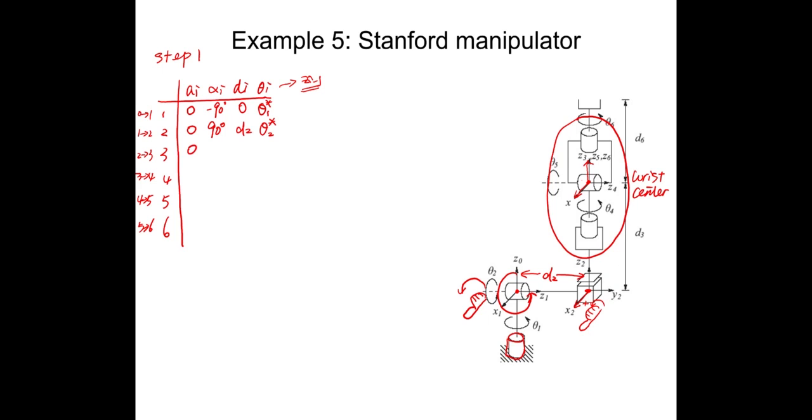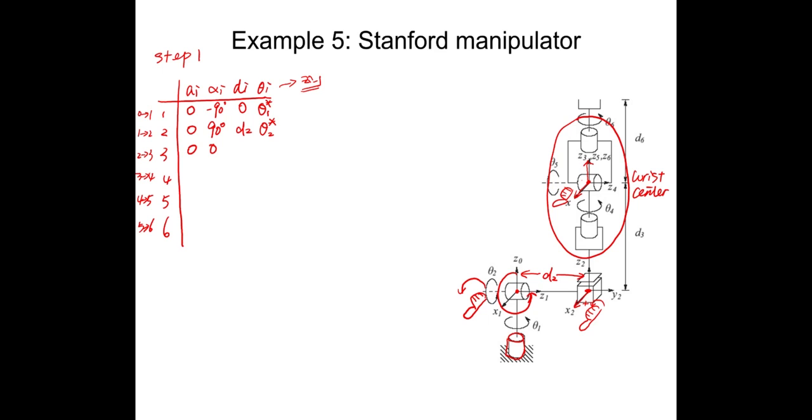So a_i is 0. And alpha_i means we use our right hand, with the thumb pointing in the x_i direction, and then we look at z2 and z3. They're the same axis, so this is 0. Okay, and my alpha is 0.